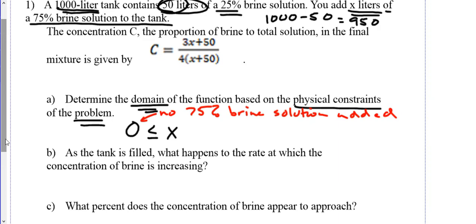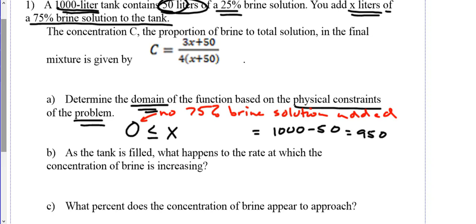That value is going to be our other constraint. So we know that the most we can add of the 75% solution is 950. That means X has to be less than, and can it equal 950? Yes, it can, because if you put in 950, you would have 1,000 in the tank. And so we have that as our answer.